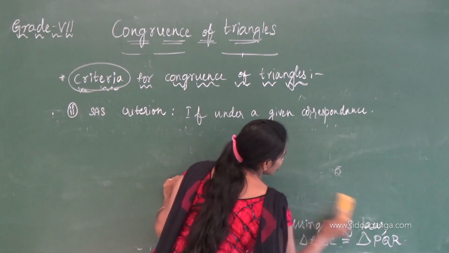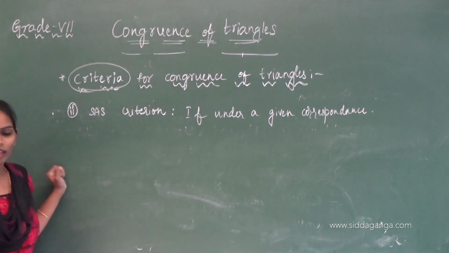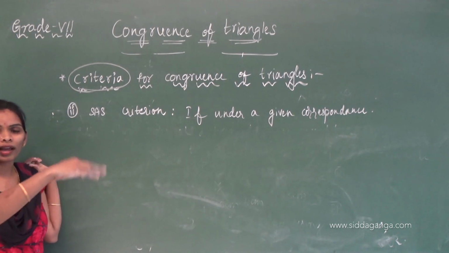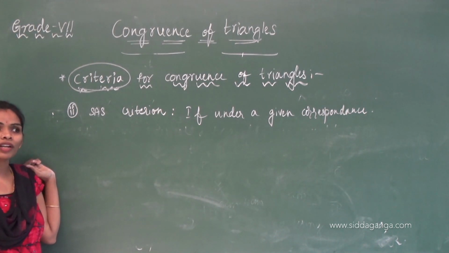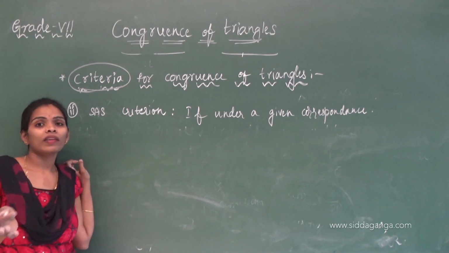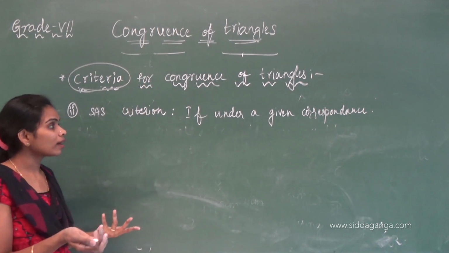Without the superimposition method, in the first law what we did is check whether the three sides of one triangle are equal to the corresponding three sides of another triangle. Then we can state whether the given two triangles are congruent or not.